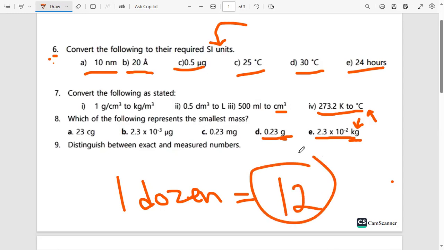Okay, so numbers that are in fixed definitions or numbers that you obtain by counting are what we call exact numbers. And then measured numbers, these are numbers obtained through measurement using a specific what? Instrument. Okay, so that was the lesson for today. Unless you guys have other questions.